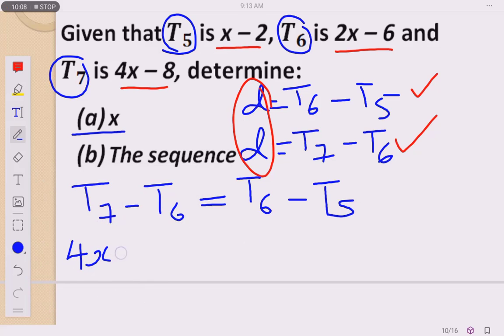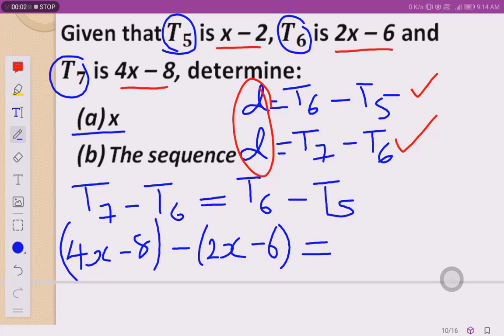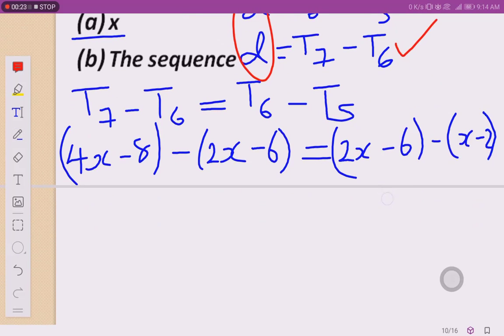So now we are saying (4x - 8) - (2x - 6) is now equal to (2x - 6) - x, since our T5 is x. Let's simplify and remove those brackets.